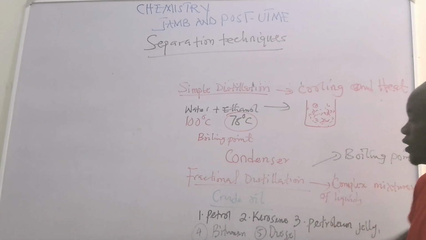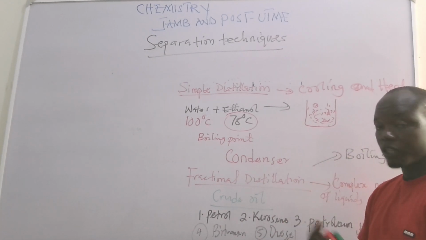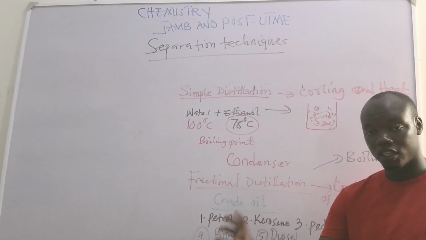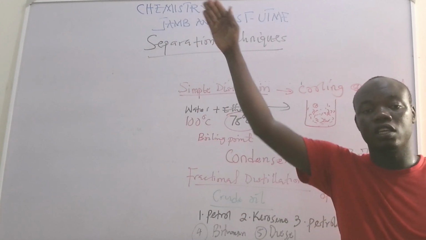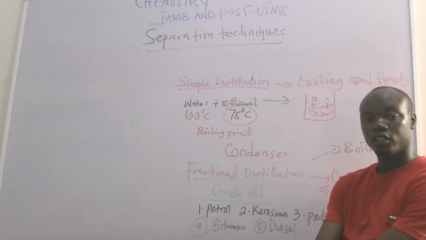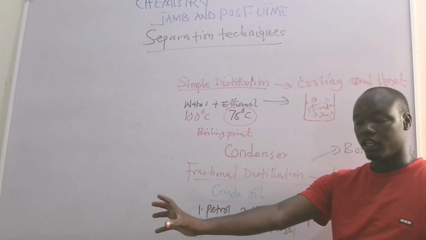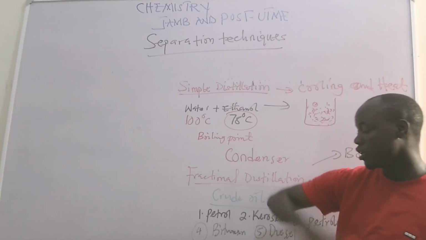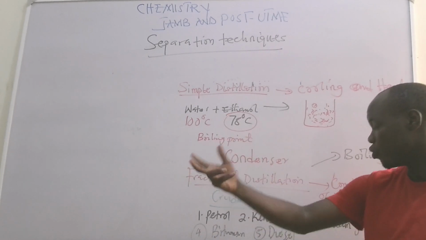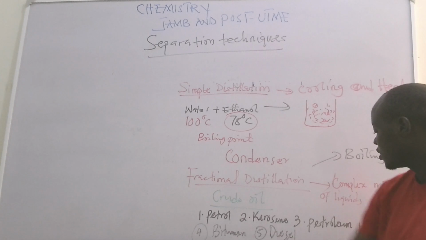So they have different boiling points. Based on that, the crude oil will be heated, and as the boiling point of a particular component is reached, it will be evaporated, cooled, and separated into a separate container. Then the next thing may be kerosene: evaporate, cool, and separate.